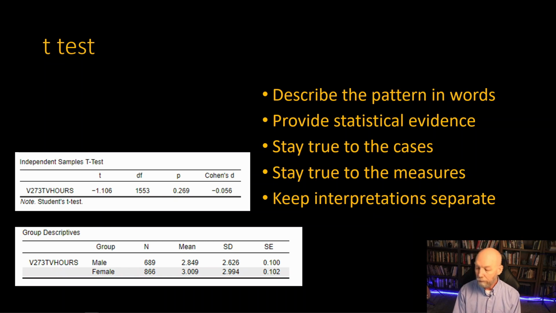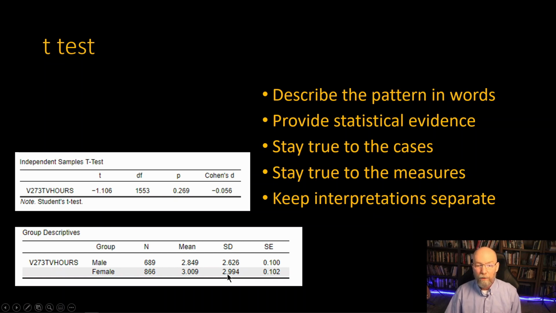All right, so here we have the t-test results, and we can see that the mean value for men was 2.8 hours on average watching television, and for women it was 3 hours on average watching television. Okay, and we can see that men on average varied around the mean by about 2.6 hours, and women on average varied around the mean about 3 hours.